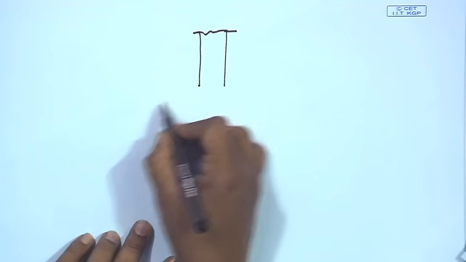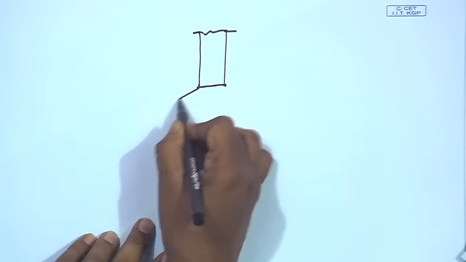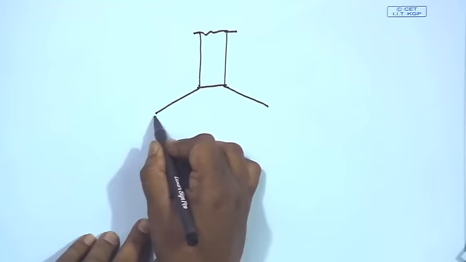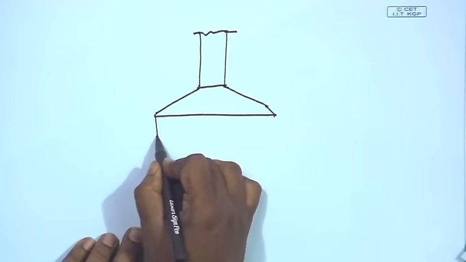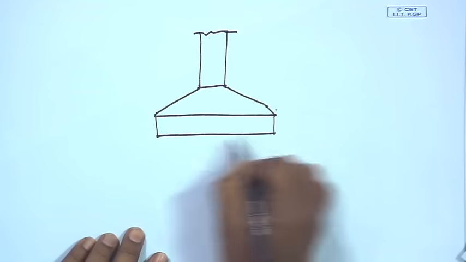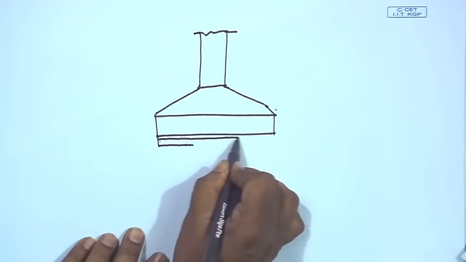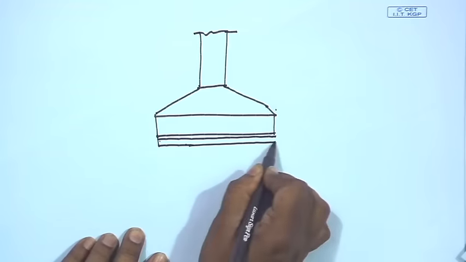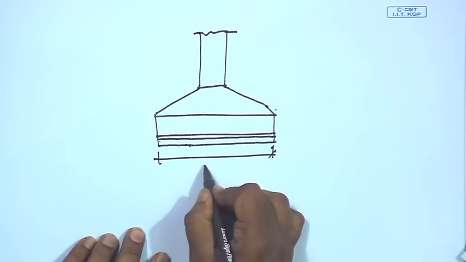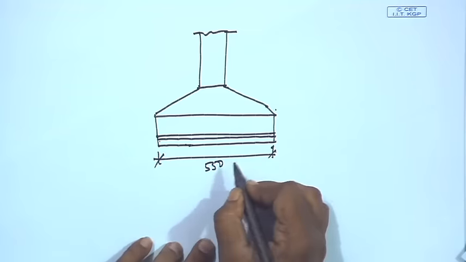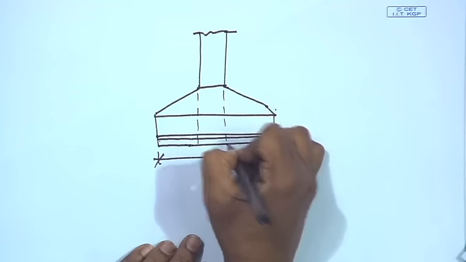So, if it is so, it will be like this, then this is the angle thickness and this is the base plate, right, and this dimension will be 550, and let us provide the number of bolts.